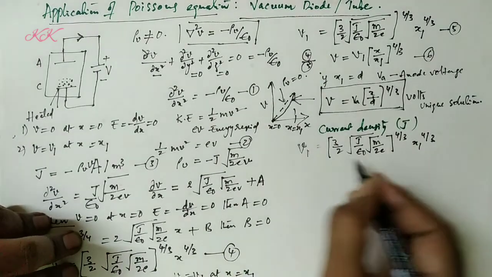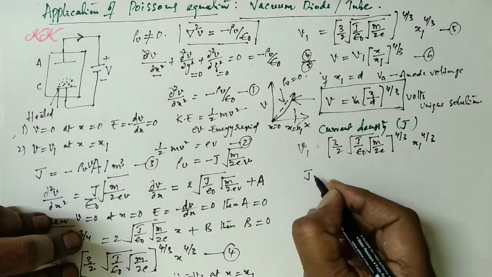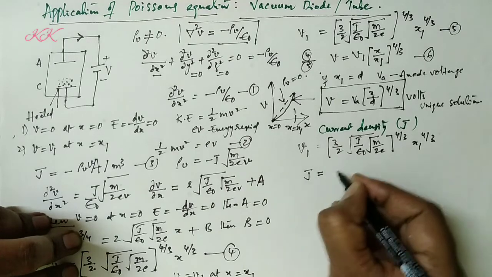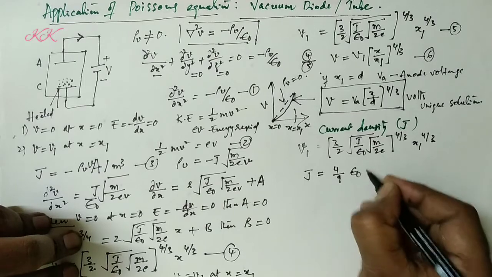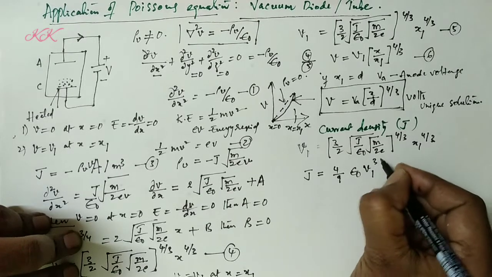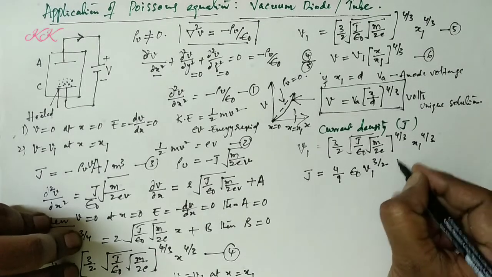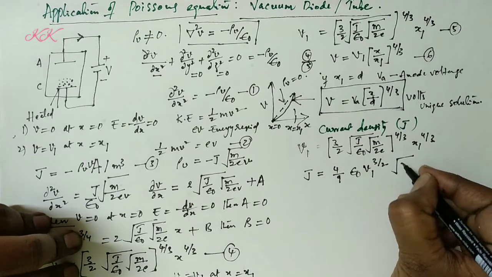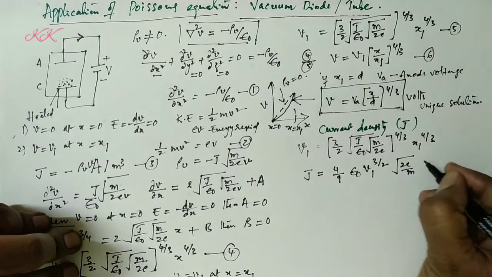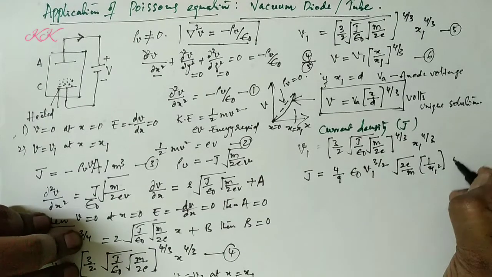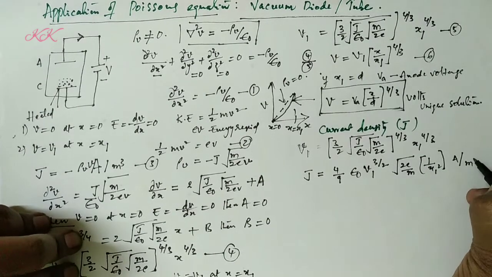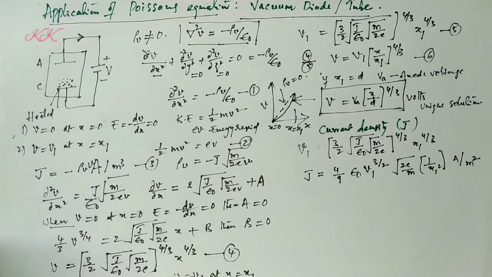Now solving for J, from this you are going to get J equals 4 by 9 epsilon naught V1 to the power 3 by 2, under square root 2e divided by m, 1 by x1 square amperes per meter square.